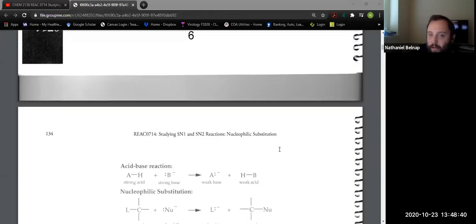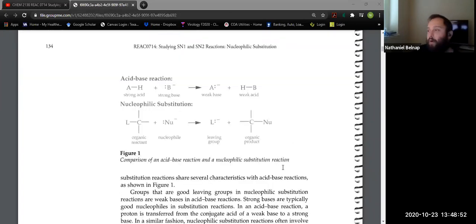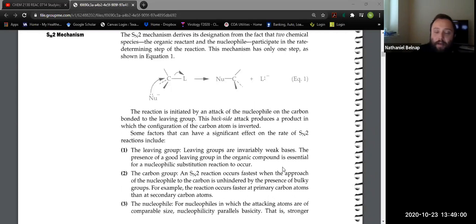The Sn1 reaction is not a concerted reaction. It happens stepwise. The leaving group goes, and then the nucleophile attacks, as opposed to an Sn2 mechanism. Like it shows right here, the nucleophile does a backside attack, and the leaving group leaves, all in one step. So yeah, concerted would be the right word to use there.